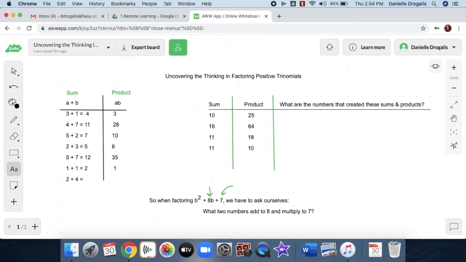And 2 plus 4 added together, we get a 6, but multiplied, 2 and 4 together, we get an 8.